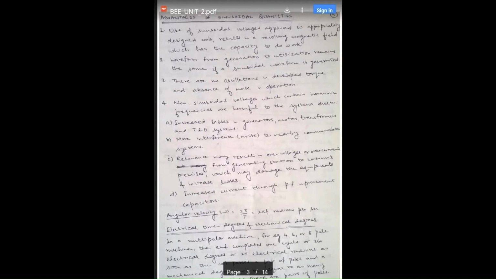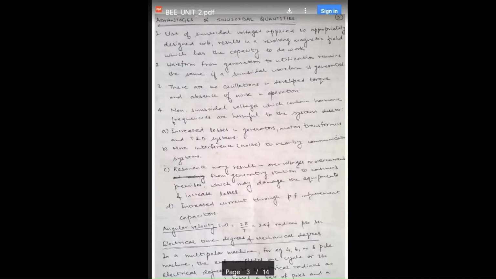Especially, the harmonics are developed due to the presence of inductive load.